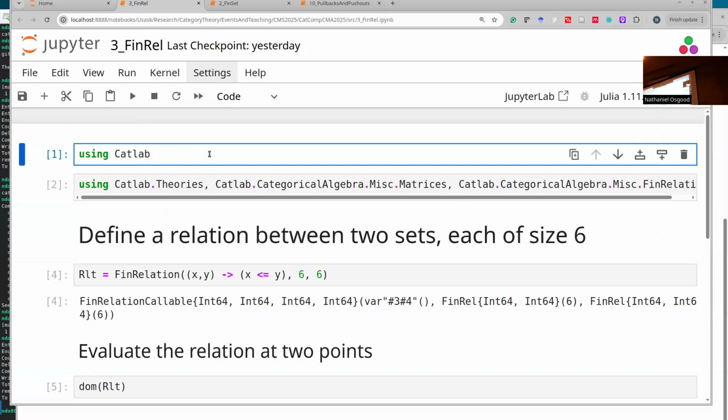So in this next one, we're also going to be operating with a category of which the objects are finite sets. But the morphisms here, these mappings between these objects, these finite sets, are no longer going to be functions. They are going to be relations.